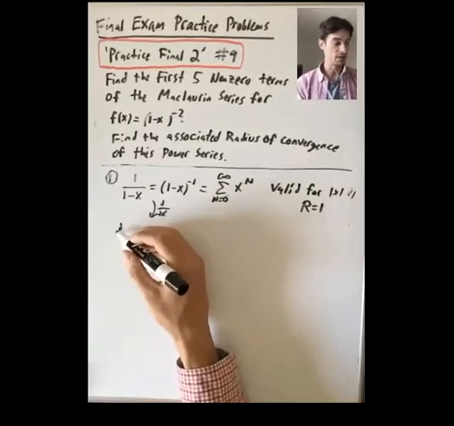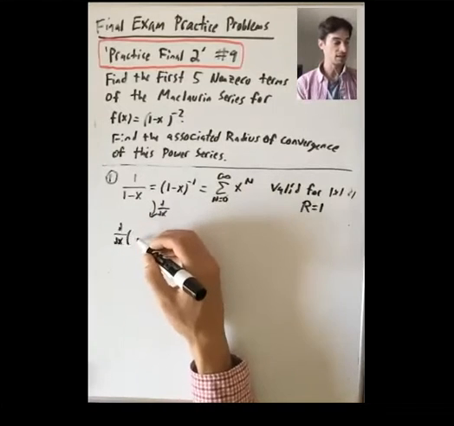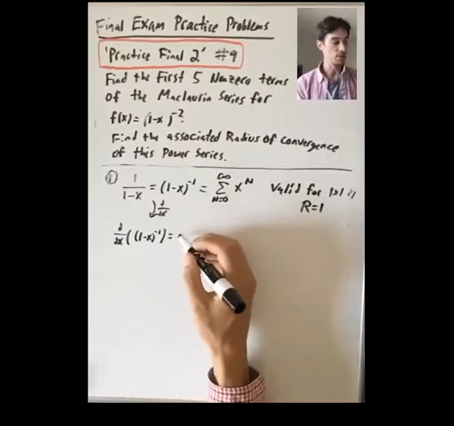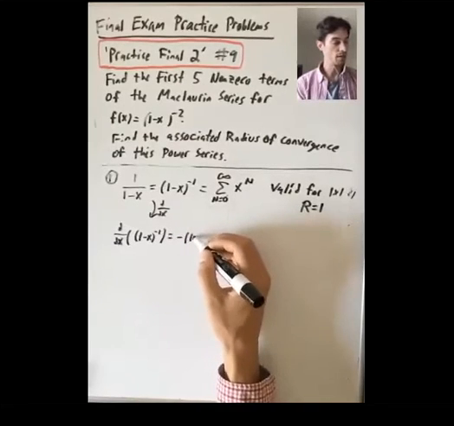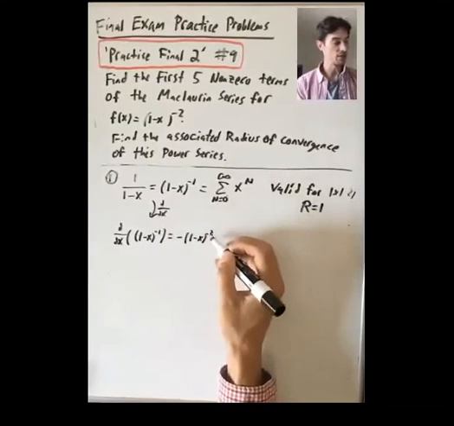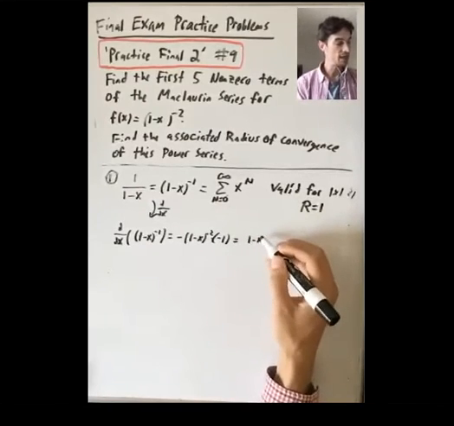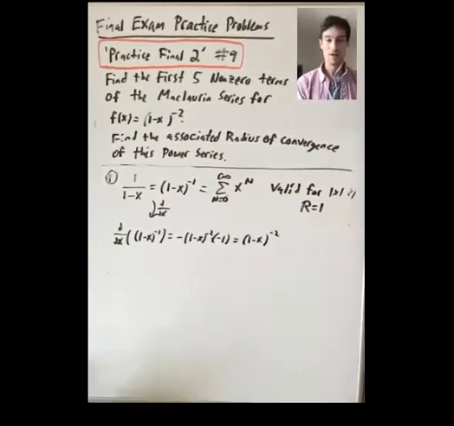So let me write this more carefully. d/dx of (1 minus x) to the minus 1 equals minus 1 times (1 minus x) to the minus 2 times minus 1, which is (1 minus x) to the minus 2, exactly the function that we want to find a power series representation of.